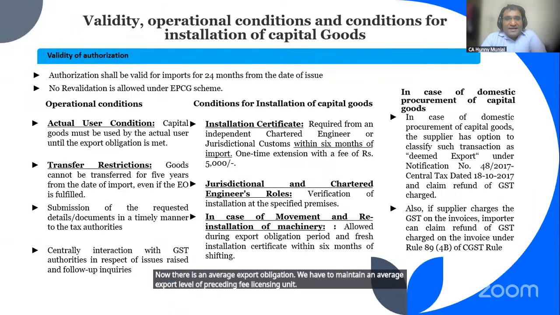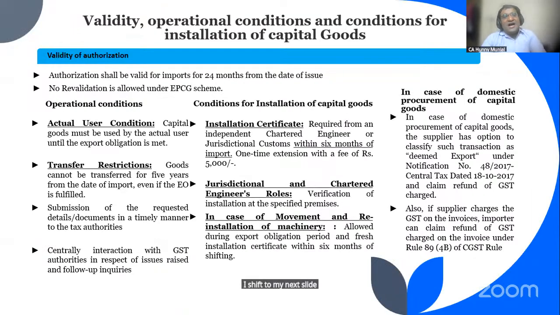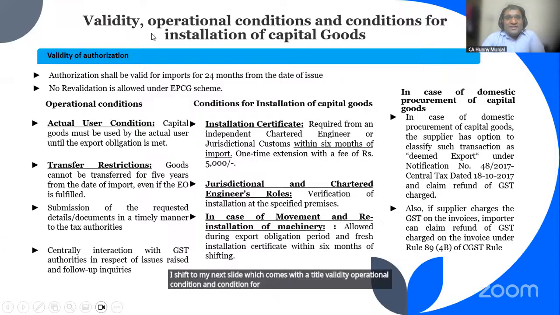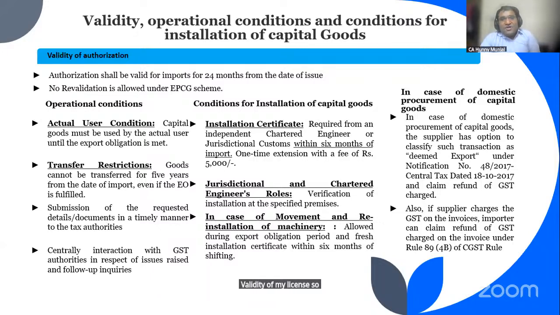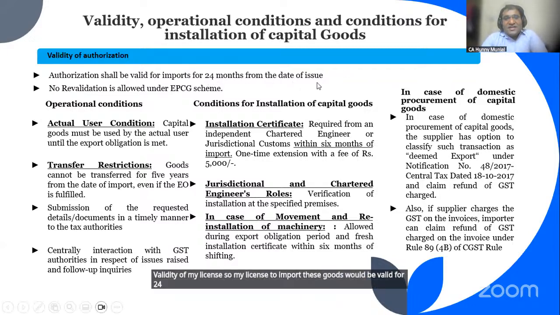I'll shift to my next slide, which comes with the title Validity, Operational Condition, and Condition for Installation of Capital Goods. Let's first understand the validity of the scheme, validity of my authorization, validity of my license. So, my license to import these goods would be valid for 24 months from the date of issue.